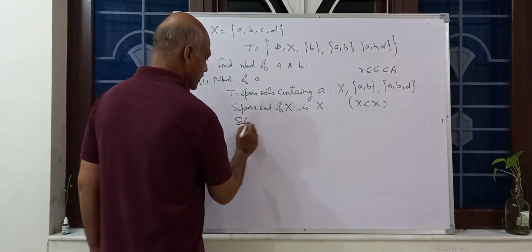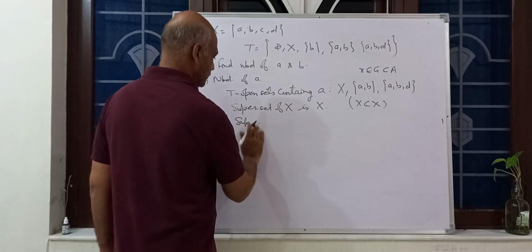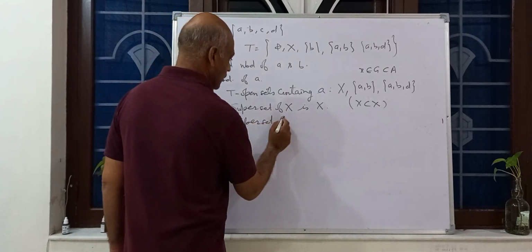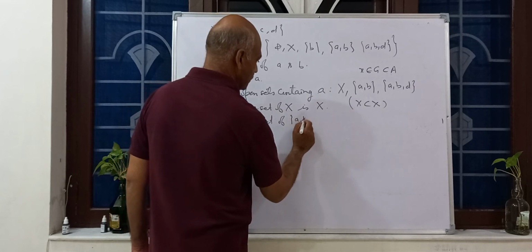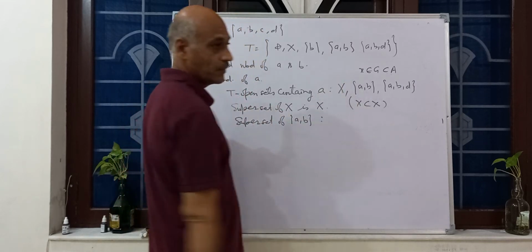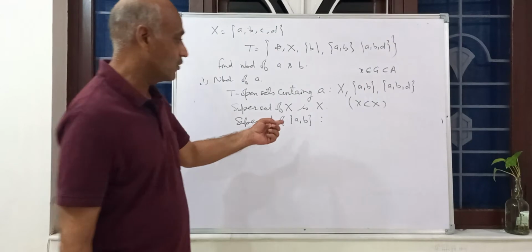Now the supersets of {A, B}. Supersets of {A, B} means sets containing {A, B}. What contains {A, B}?